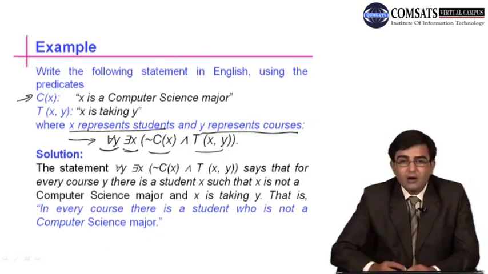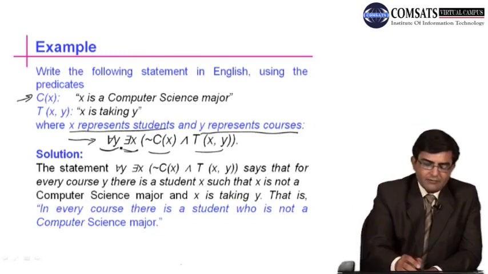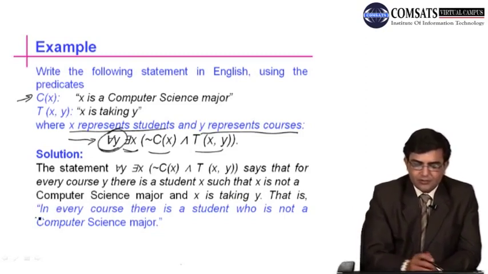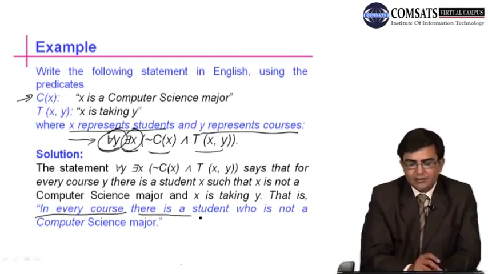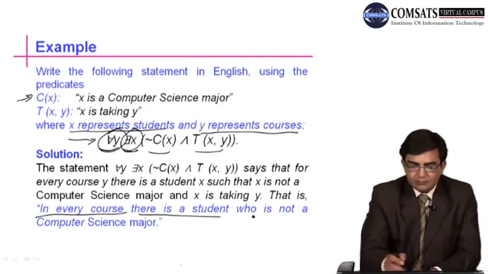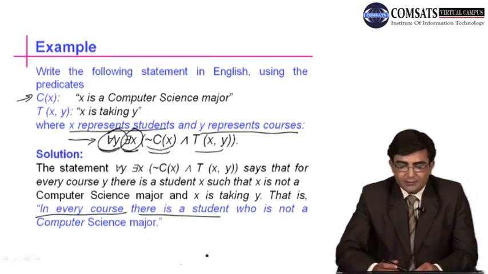So here we have for all y, which means in every course there is some x, there is a student who is not a computer science major, and that student is taking y.